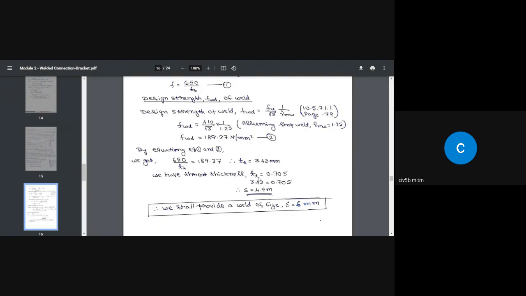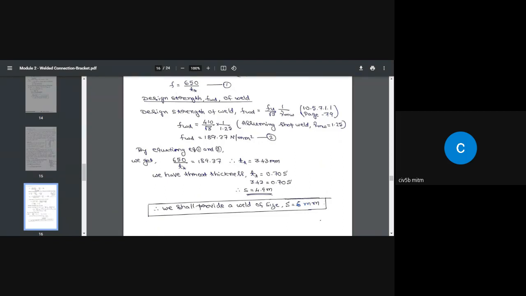But we know the thickness of the throat equal to 0.70 times S, where S is the size of the weld. So TT is 3.43. We got the value of 4.9 millimeter. Therefore, we shall provide a weld of size S equal to 6 millimeter. If you want, you can provide a 5 millimeter weld. That is good enough, but I have provided a 6 millimeter weld. So that should be able to take care of the design load coming on the bracket.